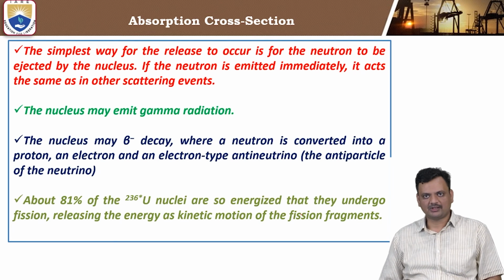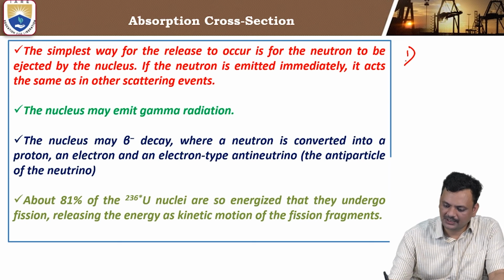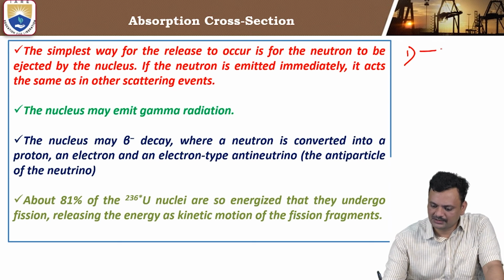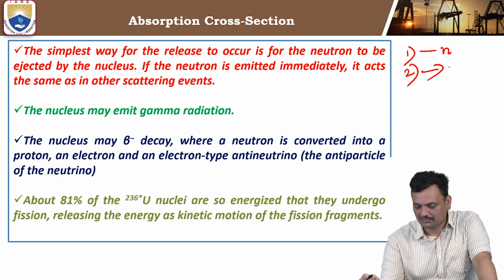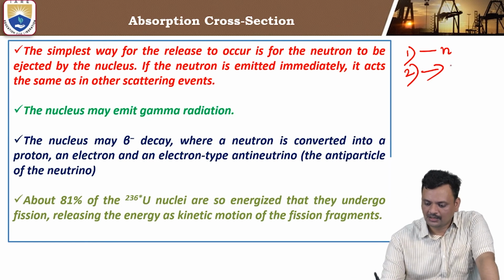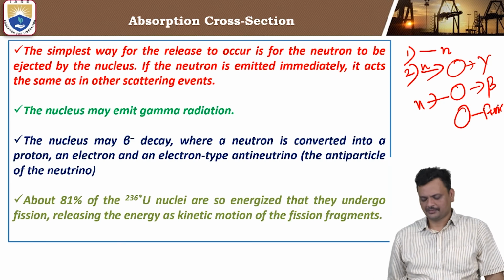So there are four processes. The first one is that the neutron will emerge the same. The second one is that the neutron is absorbed, and after absorbing the incident neutron, the nucleus will emit a gamma particle, or a beta particle, or go for fission.